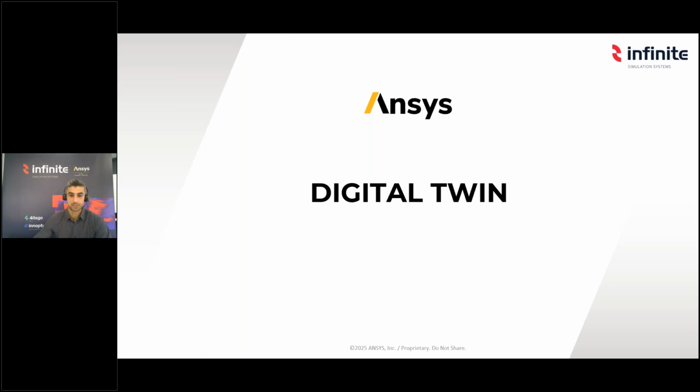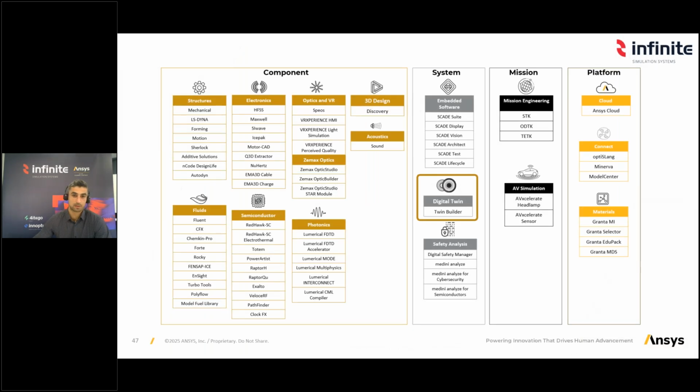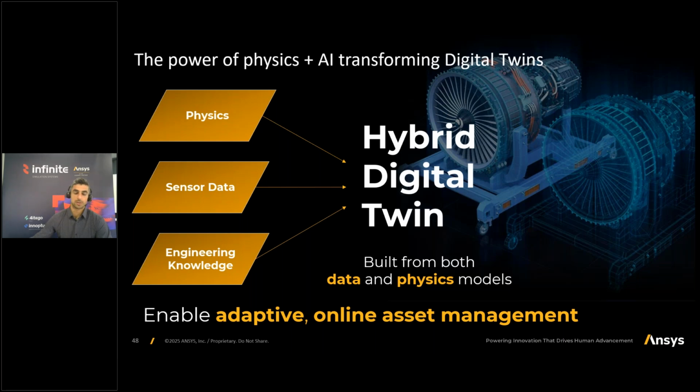Next part is digital twin. So Twin Builder and Twin AI, which is not specifically mentioned on the slide here, I see. Of course, there are a lot of definitions for digital twin. We talk mostly about simulation digital twins, and more specifically, hybrid digital twins, where we base ourselves on the physics data and the simulation data, but also the sensor data we're getting from the asset in the field to build our digital twin.